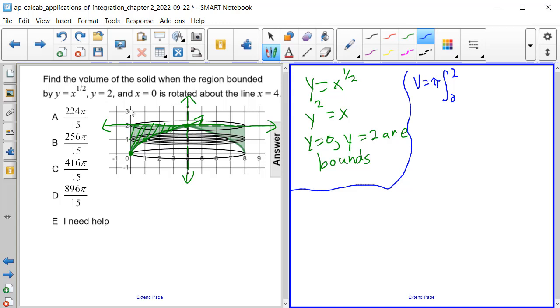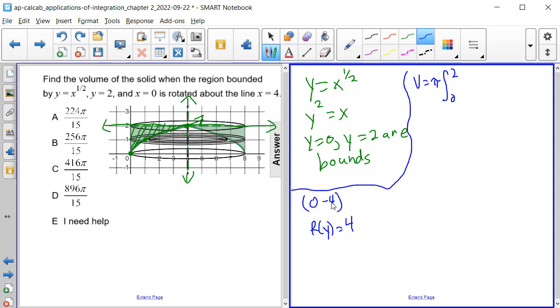Well, we can clearly see the outer radius is this part from x equals 0 to x equals 4, or that distance. Now you can either write it as a subtraction expression, 0 minus 4, or since you know that this distance has to be positive, and we're going to square it anyway, you could say that capital R of y is going to be 4.